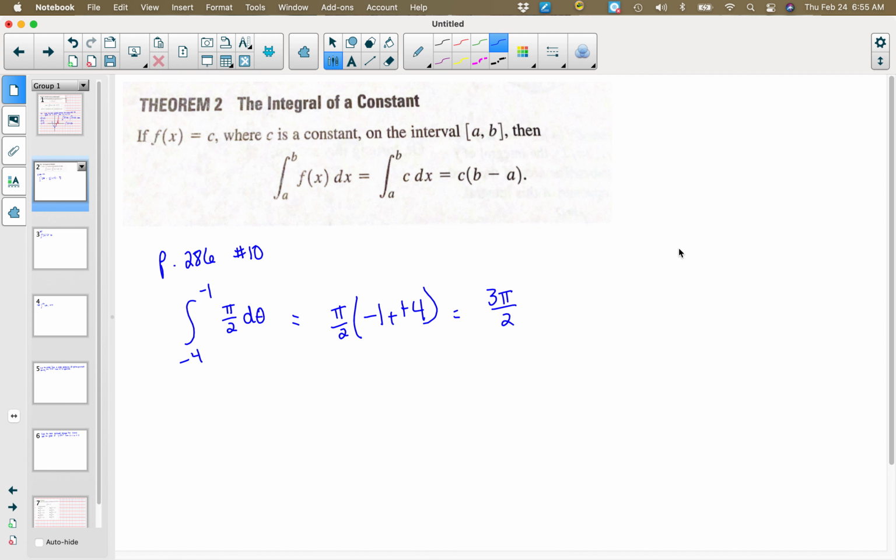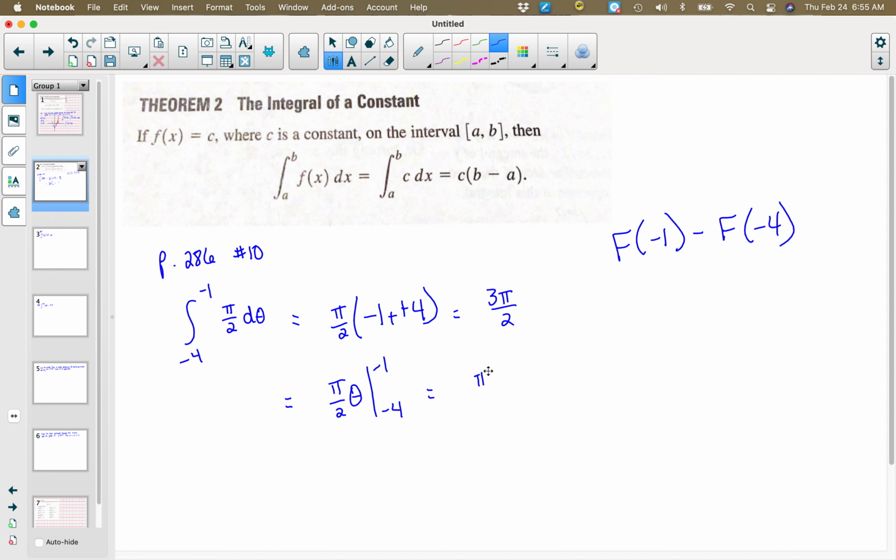Now, if you did it the other way, where you take the antiderivative and plug in a -1, take the antiderivative and plug in a -4, you would have pi over 2 times theta. You would plug in a -1 and then a -4.